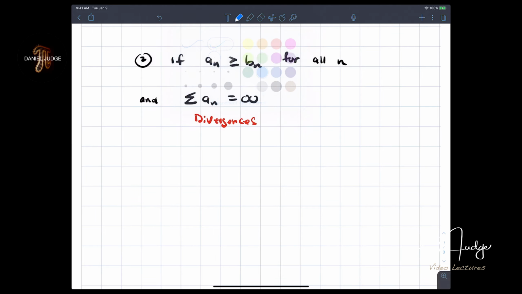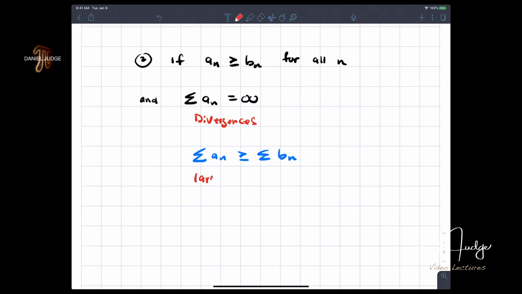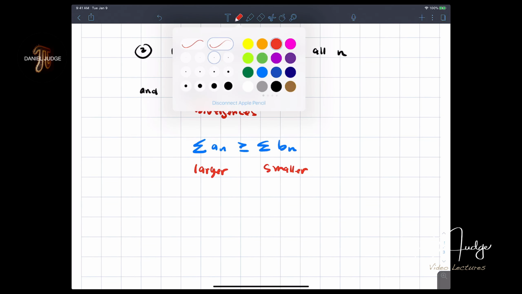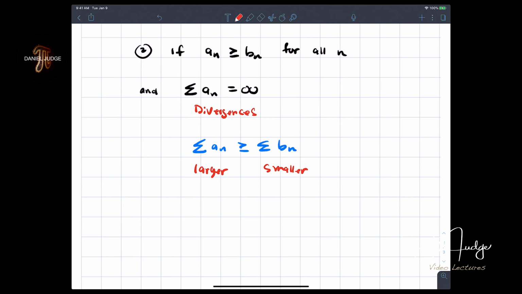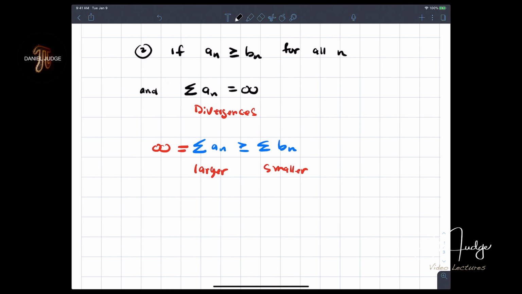And what we're going to compare again is we're going to look at this and say, okay, sum AN is greater than or equal to sum BN. Now, this is written a bit backwards, but I want you to know this is what this means. This is actually larger, right? And this is smaller. And so here's what's happening. Since the larger series, and I put this equal to infinity, diverges, all those terms add up so big that it's uncountable.